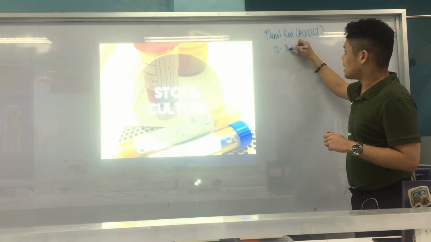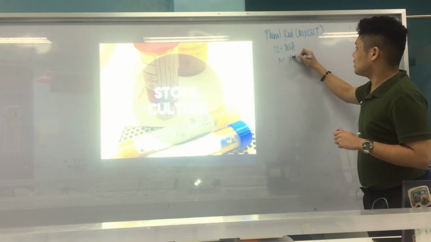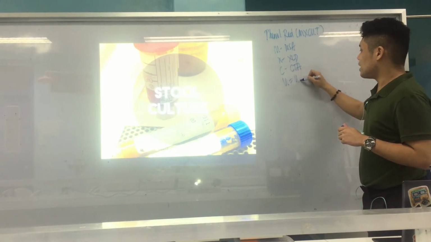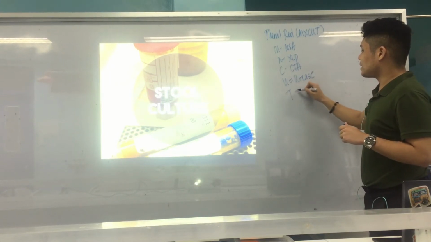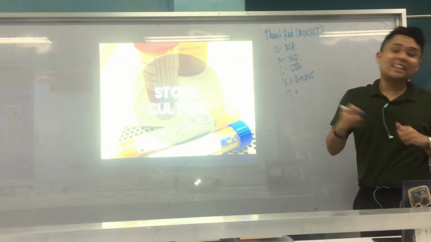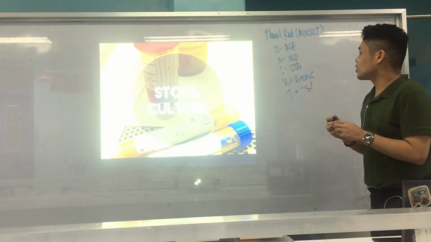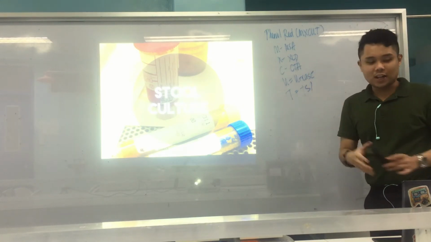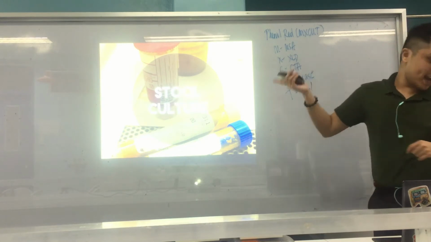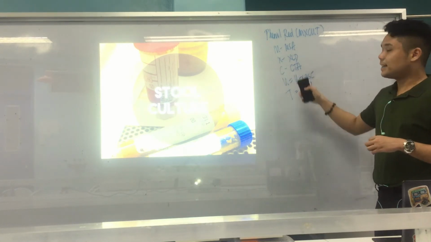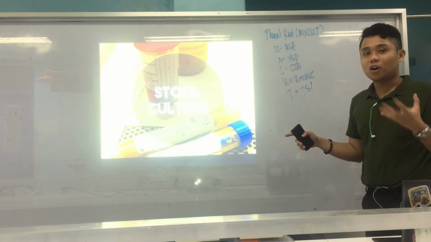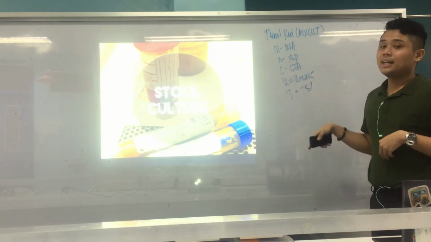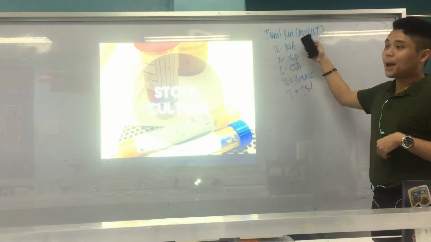M stands for MSA, X stands for XLD, C stands for CTA, cysteine trypticase agar, U stands for urease, and T stands for TSI. So those are for phenol red, MXCUT.